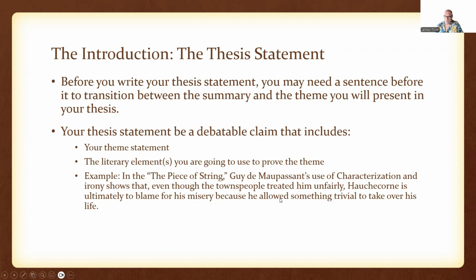And because, I go on to make a claim about why he's to blame for the miserable state that he ends up in. But I also included the name of the story, the author, as well as the literary characteristics or elements that you're going to use to prove your point or show how they operate in the story.